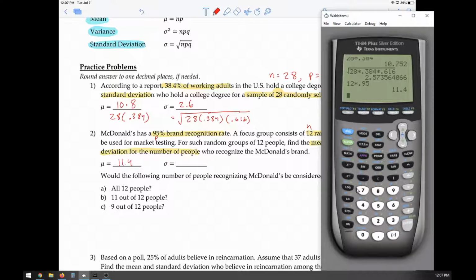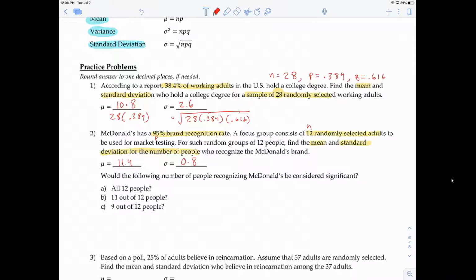And for the standard deviation, it's the square root of n times p times q. q is always 1 minus p, so that's going to be 1 minus 0.95, which is equal to 0.05. So rounded to 1 decimal place, we're going to get 0.8.